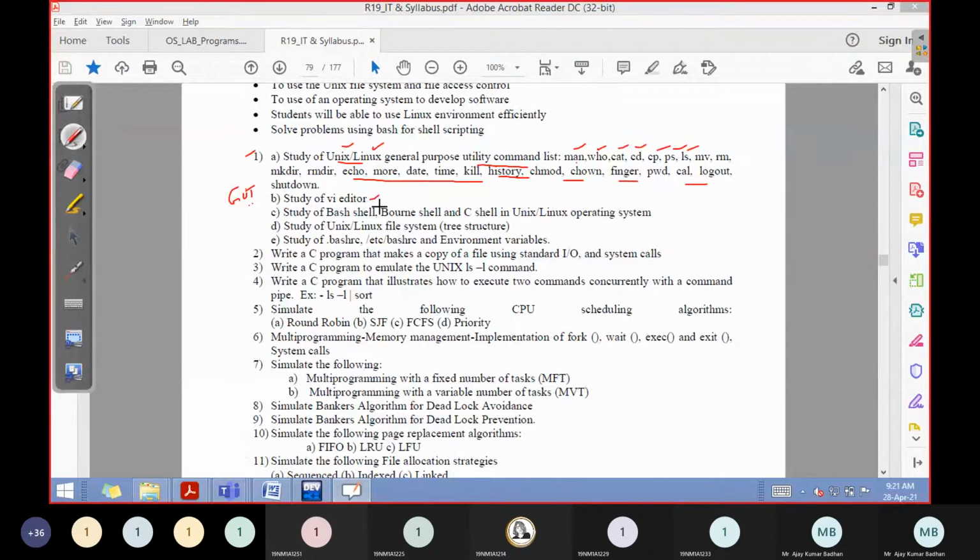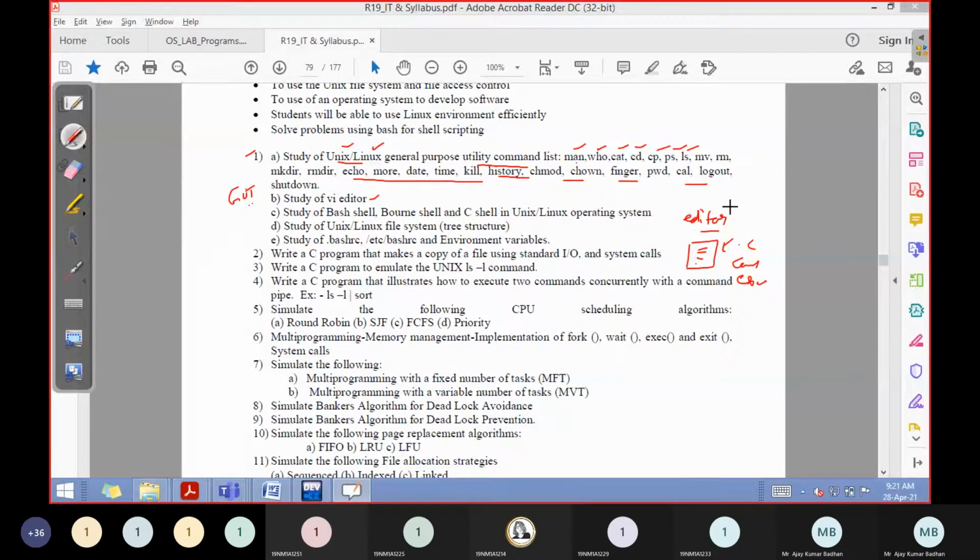Then we have something called the VI editor. Like in Windows, if you want to write any program, for example, you use Turbo C. In the beginning, you open an editor, which is the Turbo C editor, that comes in a blue screen, and there you write the program, save it with a .c extension, then compile it, and then execute that program.